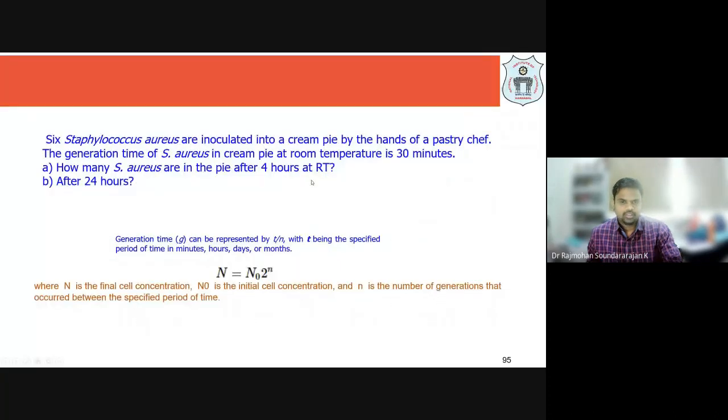Both parts you can calculate: 4 by 0.5 is 8, and 24 by 0.5 is 48. Remember there are 6 microorganisms there, so accordingly you will get the answer.